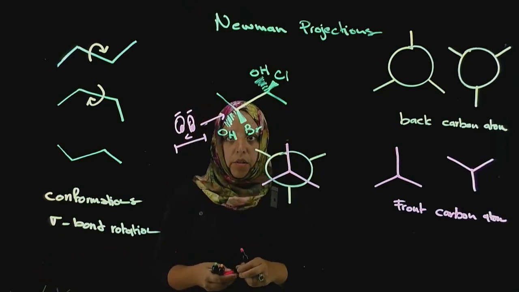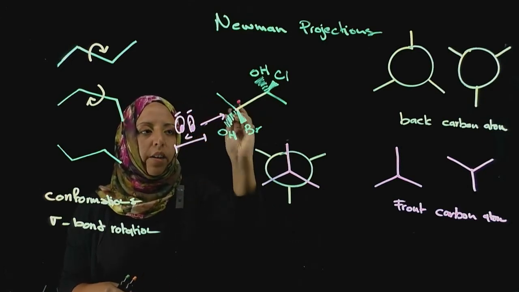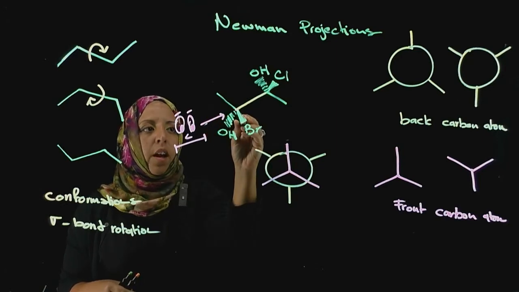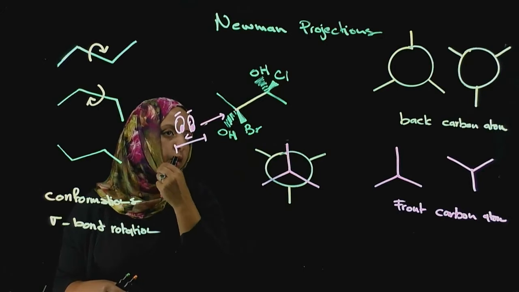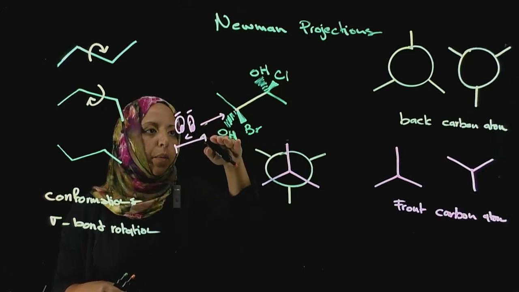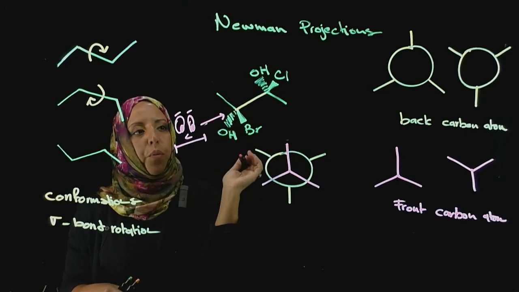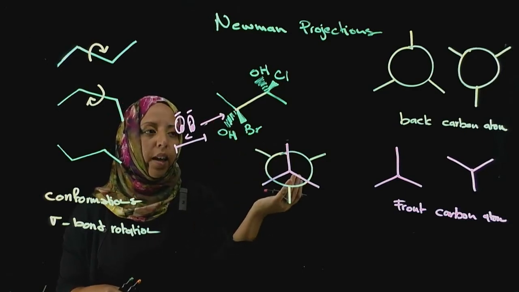Okay, now, so let's take a look. So suppose you're looking at it from the left side, right? And you have the dash that is pointing behind the plane of the paper or the screen and the wedge that is pointing towards you, in front of the screen or the plane of the paper. So if you're looking at it from the left, is the dash pointing towards your left hand or your right hand?